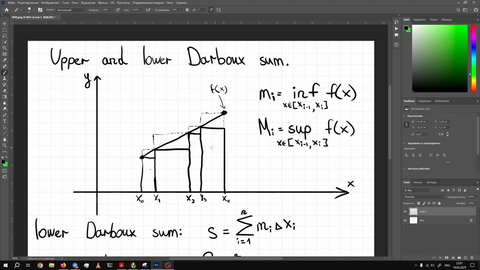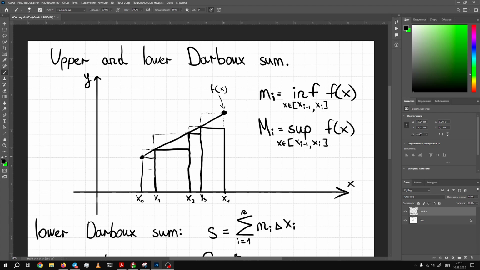So what is the infimum? For example, if we take this interval, this is our function f of x. The smallest point is the infimum.